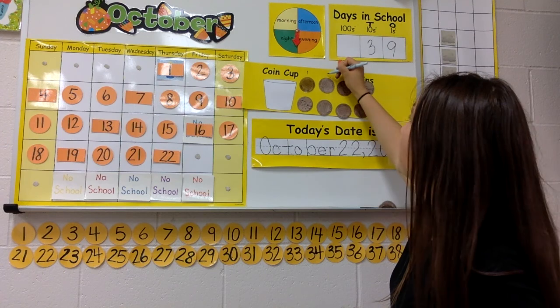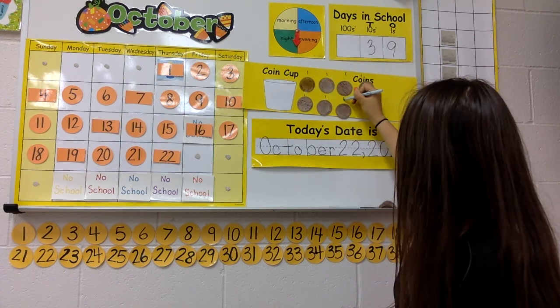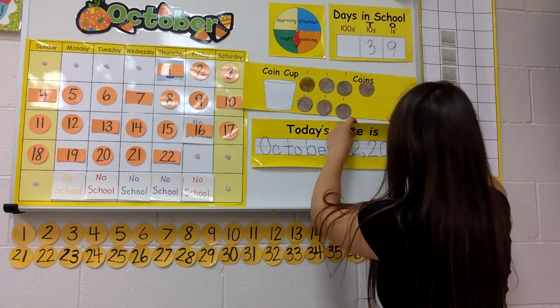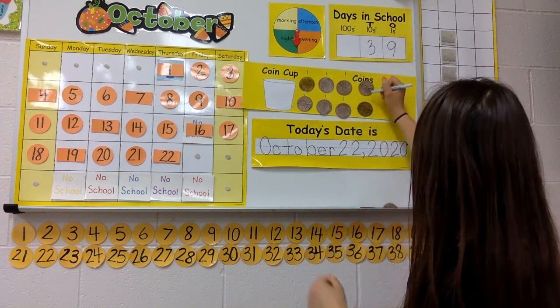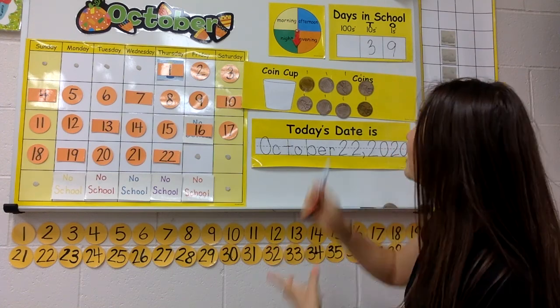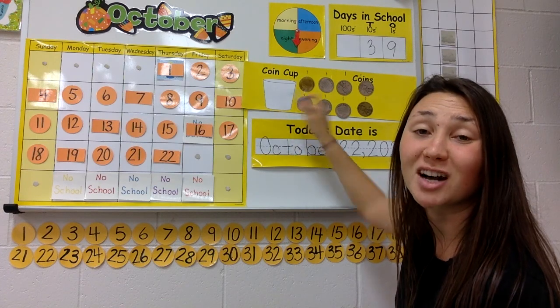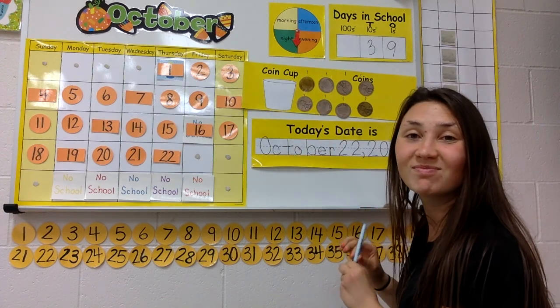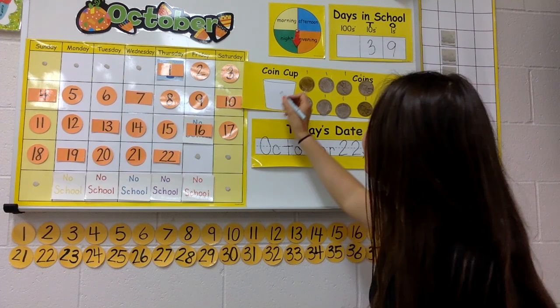So I write a 1 above each one because each penny. Oh, my penny fell down. I'll just put up another one. 1 penny or 1 cent for each penny. So if we have 8 pennies, that means we have how much money in our cup? 8 cents, right? 8 cents.